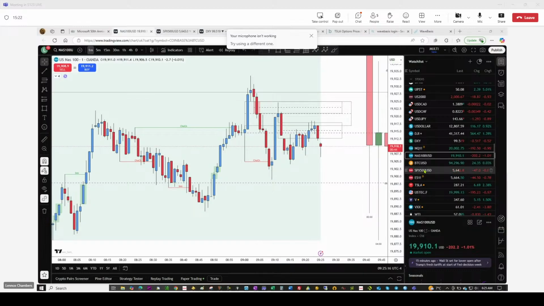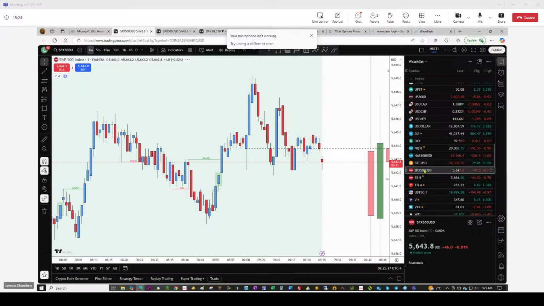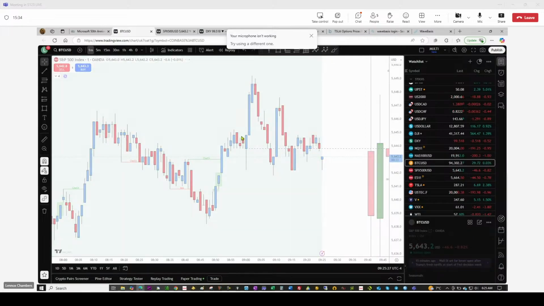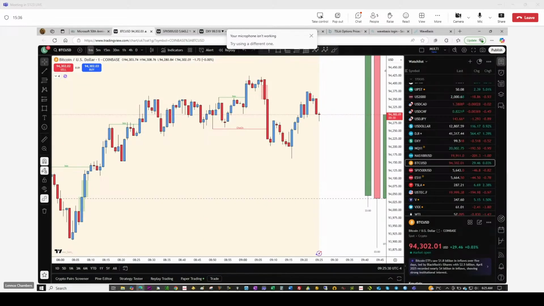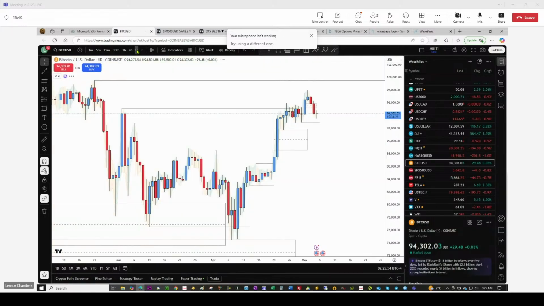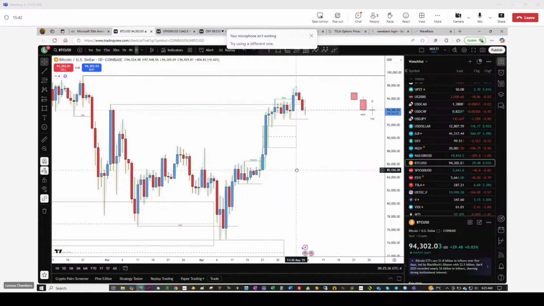Very interesting. Let's see how S&P looks. S&P is very much in a downward mode. We've got another 5 minutes to go. Let me see how Bitcoin looks. I'm not going to make any trades right now at this point, but let's see how Bitcoin looks. I'm going to go from the daily standpoint, walk down the daily. We're also in a move down on the daily for Bitcoin.